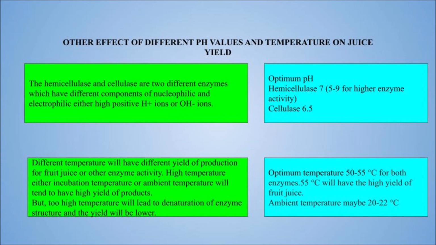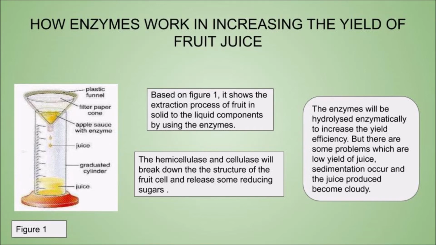The ambient temperature is also something we have to be concerned about, because it can influence the extraction process. The ambient temperature will be the room temperature of the lab, maybe about 20 to 22 degrees Celsius.